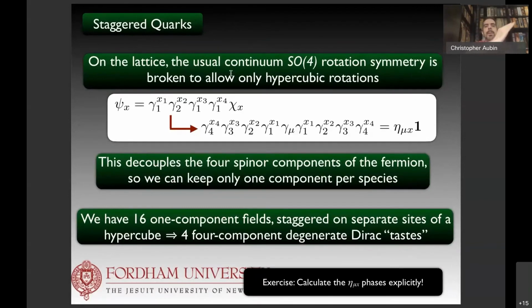I can't rotate by 30 degrees or by 2 degrees. I can only rotate by 90 degrees or by 180 in any given direction. I can flip it. So the normal SO(4) rotation group, the rotation group in Euclidean space, is broken to only allow hypercubic rotations. And what that means is that I can actually diagonalize my gamma matrices.